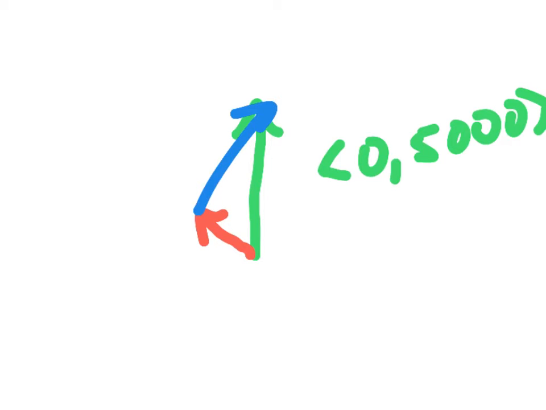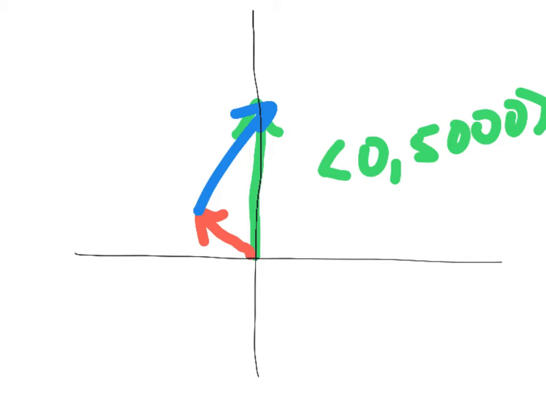So I don't have anything pulling straight up, but I have one cable pulling in the blue direction, and one cable pulling in the red direction. And those two things add up to be something pulling straight up against gravity. So that's a sum of three vectors, and this is the graphical representation of that sum. If I were to superimpose this on a coordinate plane, it would look something like this. And there you go. Now I have a problem that I can figure out.